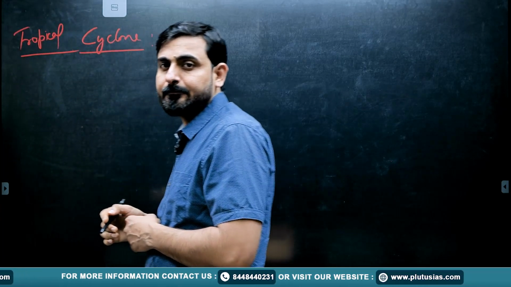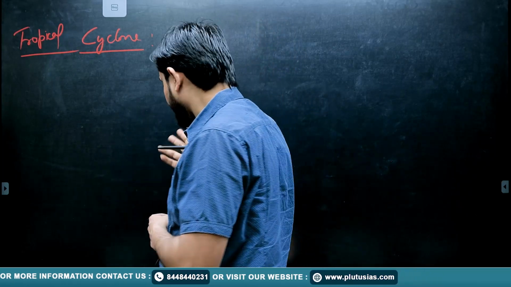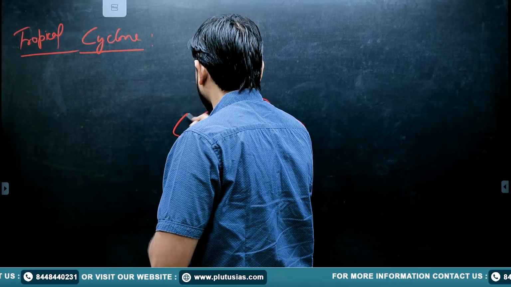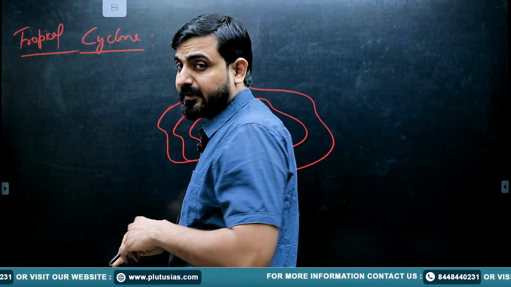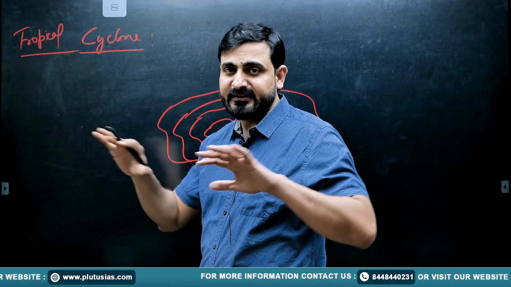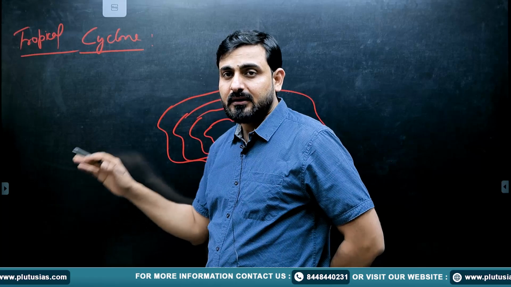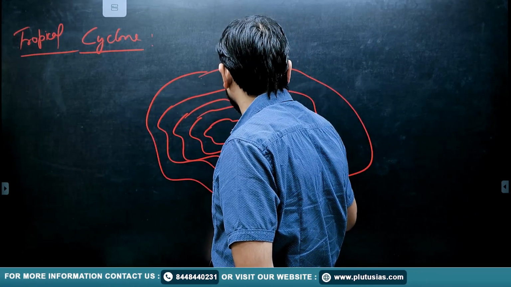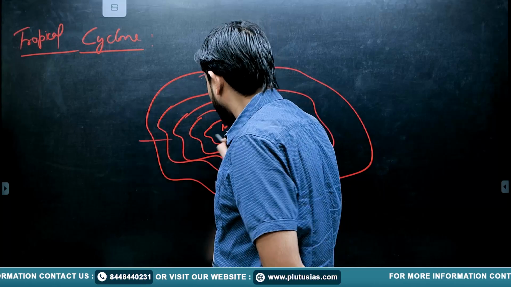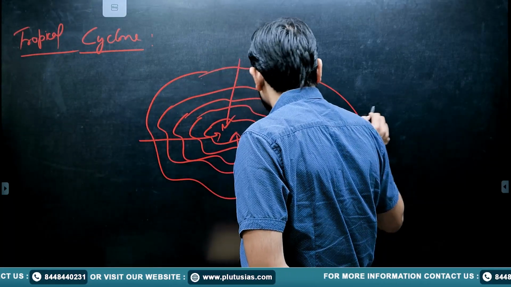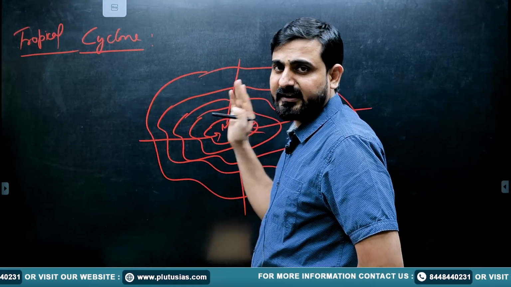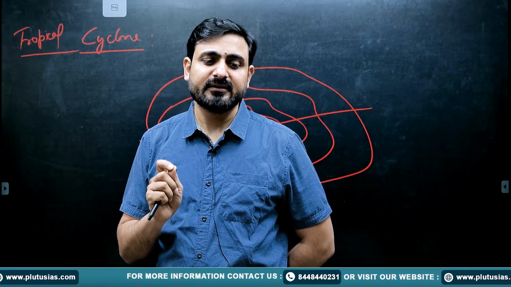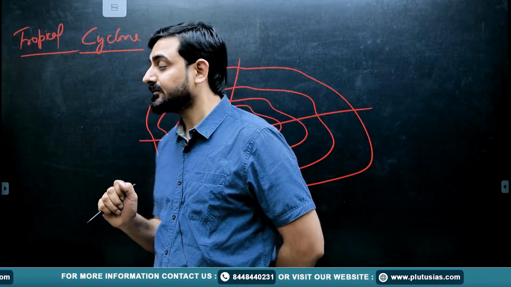Just quickly, what happens within the tropical cyclone? How can we define a tropical cyclone? So a tropical cyclone is generally a large scale air mass which generally has the lowest pressure and highest temperature at the center.